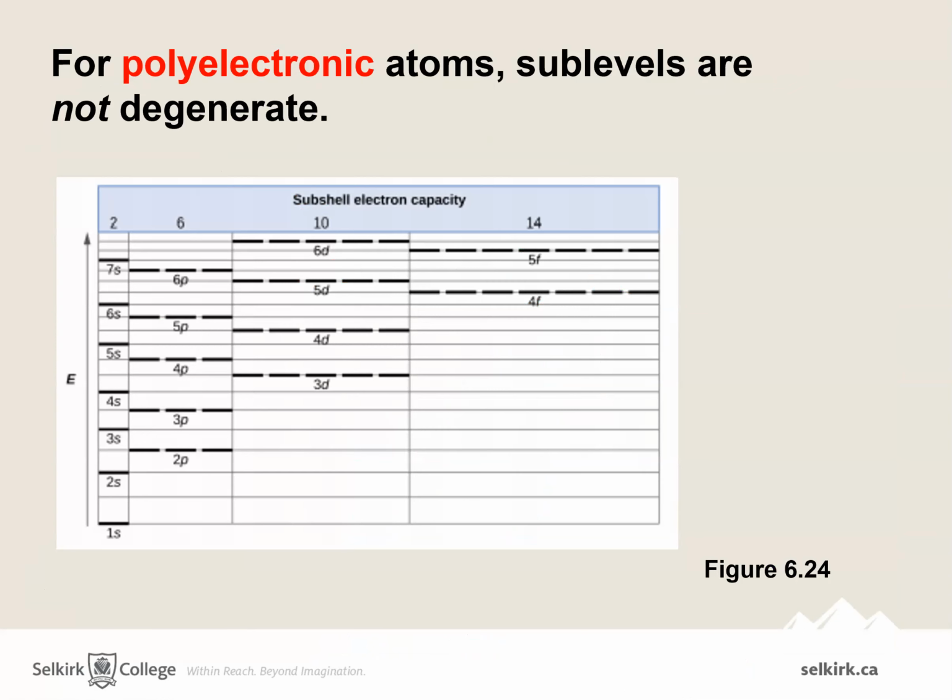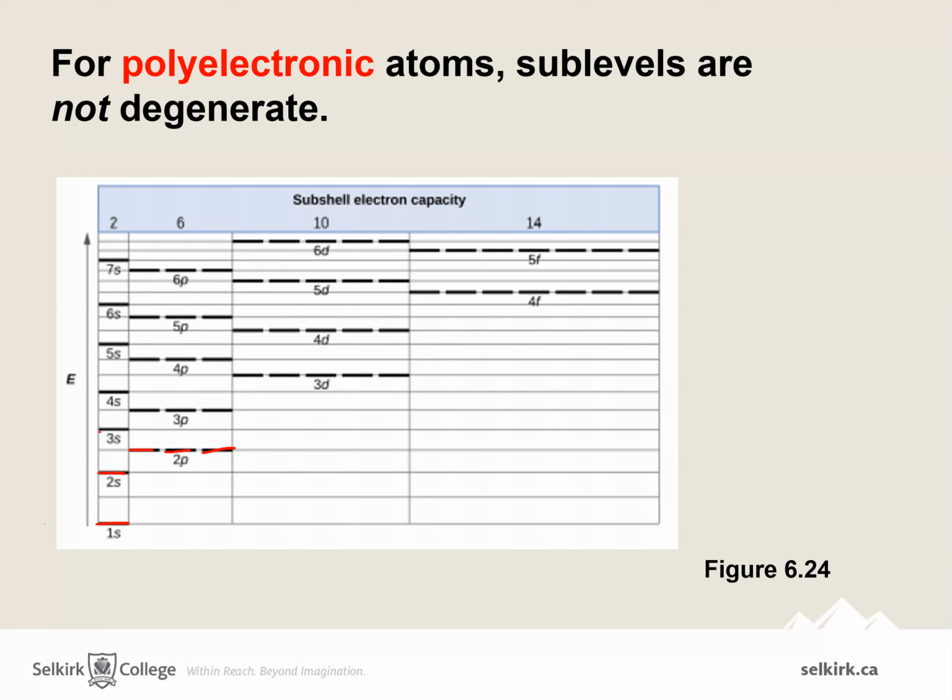And what I can see here on this energy level diagram, we've still got the 1s, the lowest, and then the 2s. But see, the 2p is not the same energy as the 2s anymore. For these polyelectronic atoms, the atoms with multiple electrons, the sublevels are not degenerate.